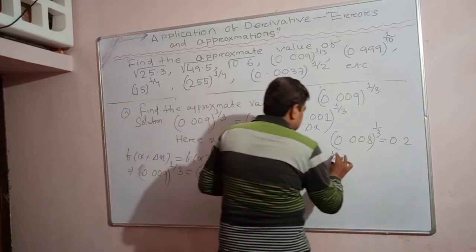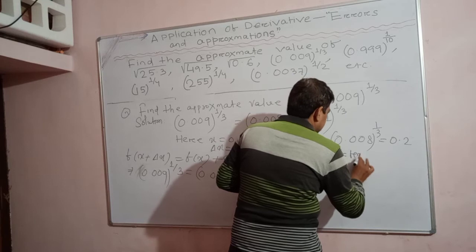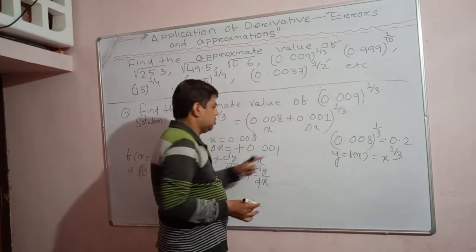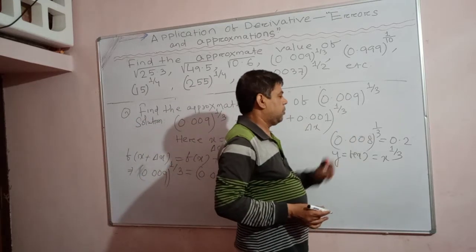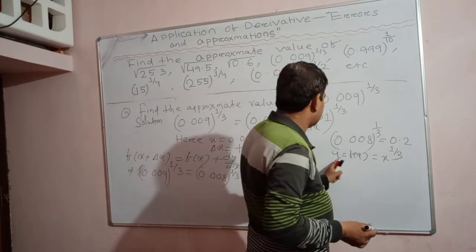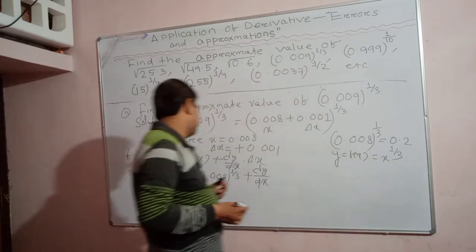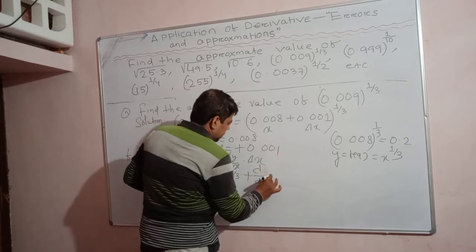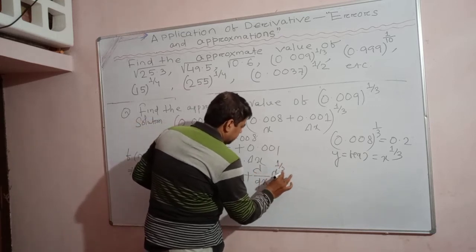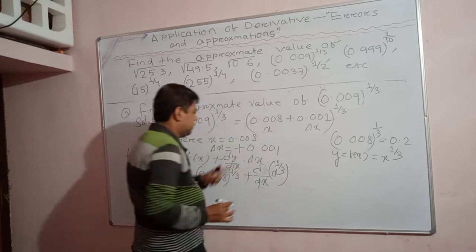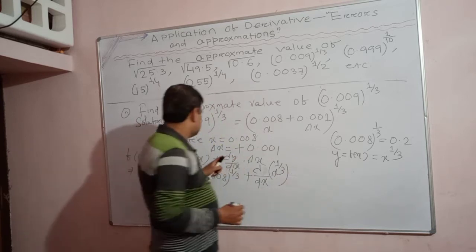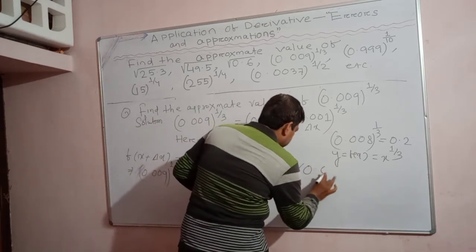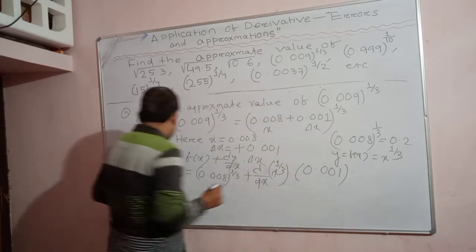Here y is equal to f of x, which is x to the power 1 by 3, because x is 0.008 and the power is 1 by 3, so the same power must be maintained. In place of y, I can write x to the power 1 by 3, into del x. The value of del x is plus 0.001. Is it clear, students?